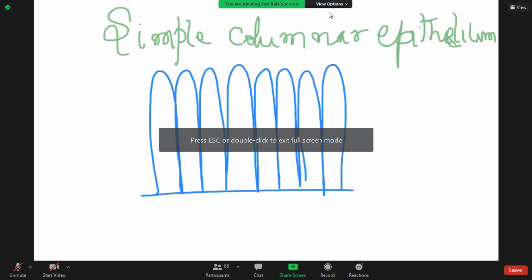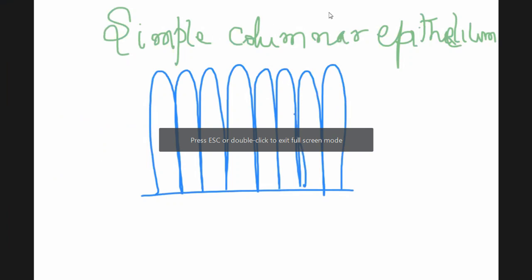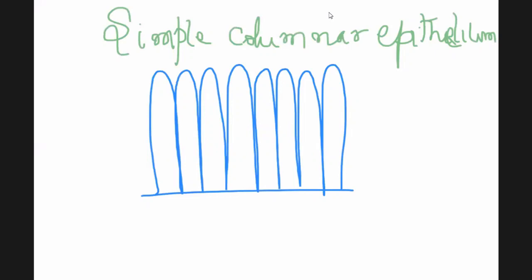One layer of cells standing on the basement membrane is simple epithelium. The cells are slender, meaning narrow. Their nucleus is oval, different from other epithelium. It's oval, not in the center, closer to the basement membrane.